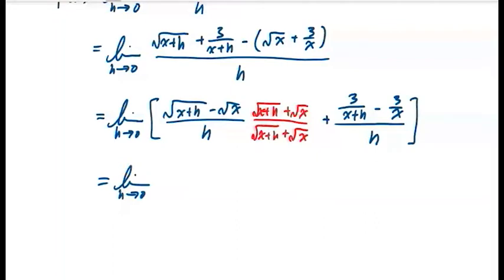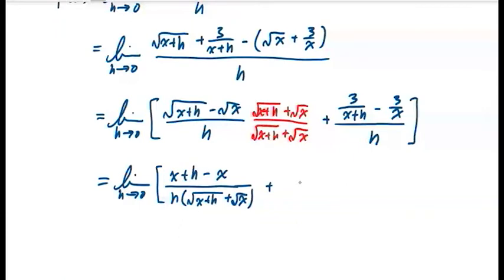So what we have here is a difference of squares: x plus h minus x over, and whenever we do this, we do not ever distribute the denominator. Leave it like that.